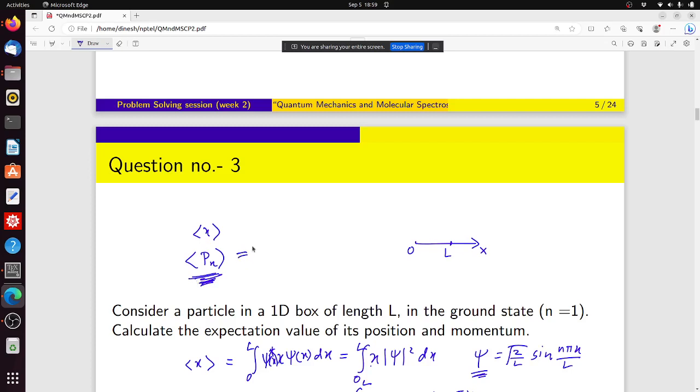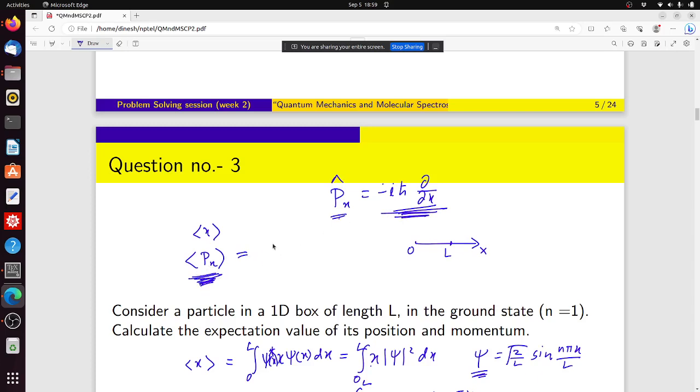It has some derivative form. Px is minus i h cross del over del x, right? This is the operator in quantum mechanics, right? So you have to calculate the expectation value of px.